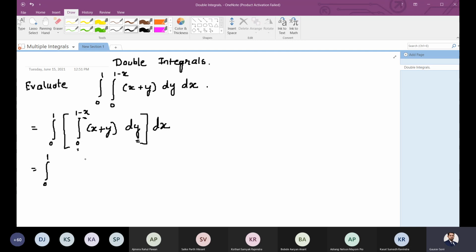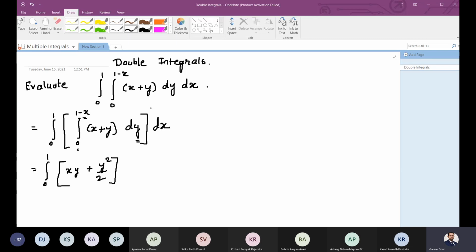When I'm integrating with respect to y, what is the integration of x? It's x into y, plus y square upon 2. Because we are integrating with respect to y, x becomes constant.